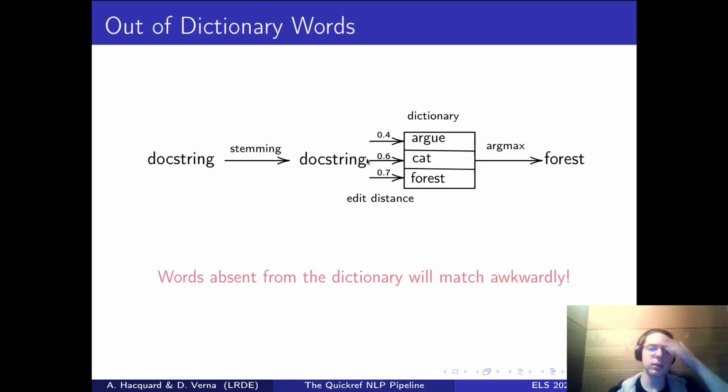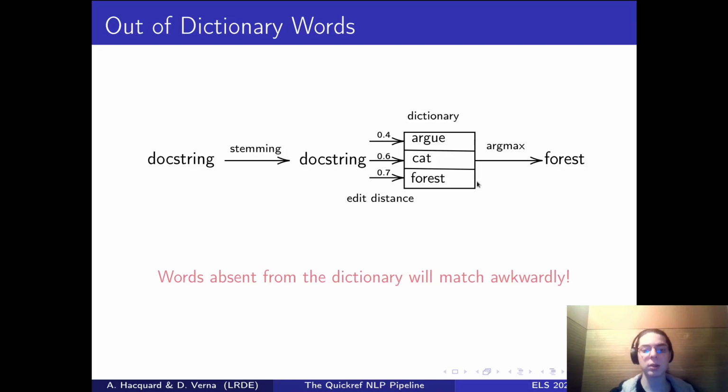Because its lemma is not in the dictionary, it will be matched with anything in the dictionary, and in this current example, docstring will be matched with the word forest because it has the greatest edit distance over all of the other words of the dictionary. So we will have an outputted lemma forest for the word docstring.